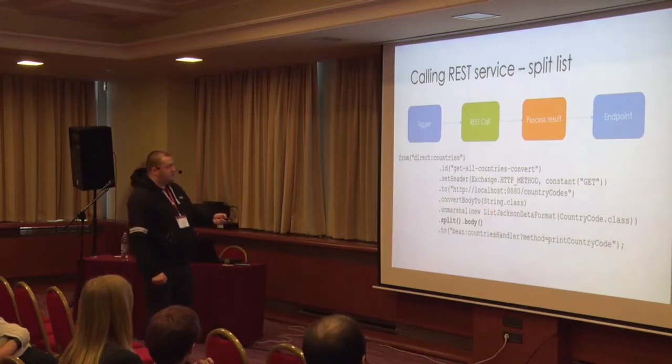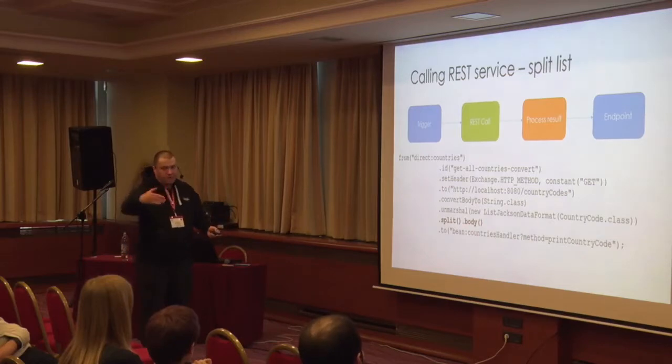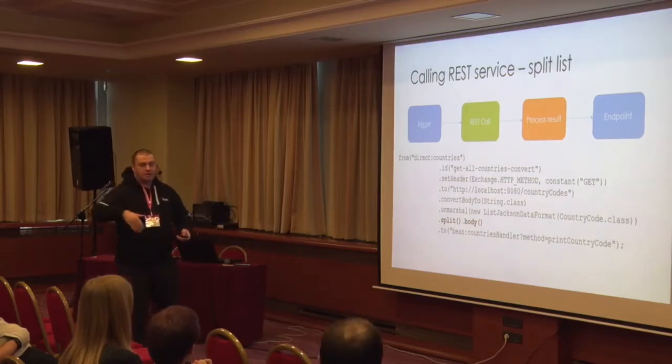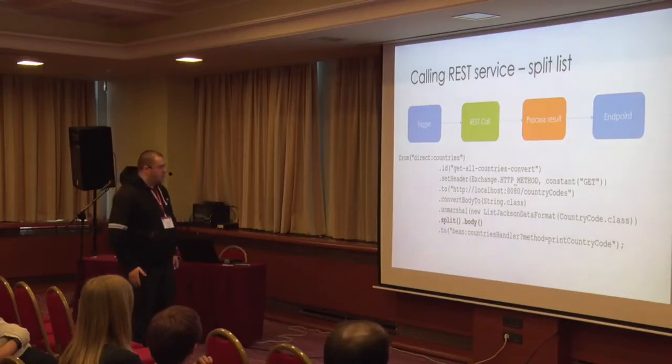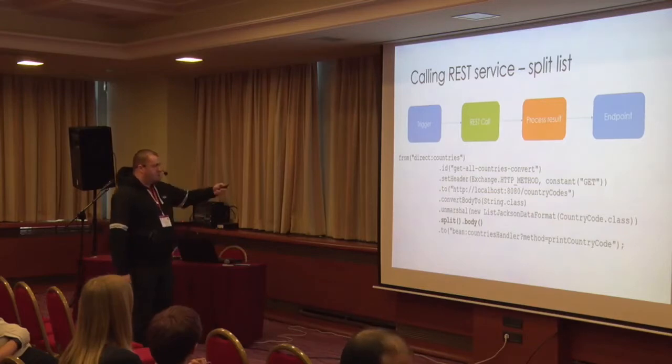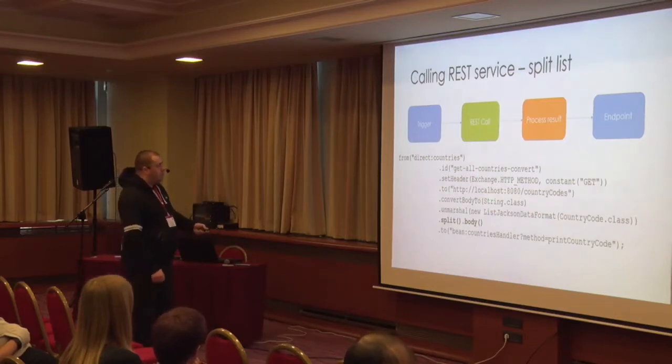And of course, since I received a list, I can split it and send it to this bean one by one. And combining with multicast, I can do parallel threading processing of the parts of the list.